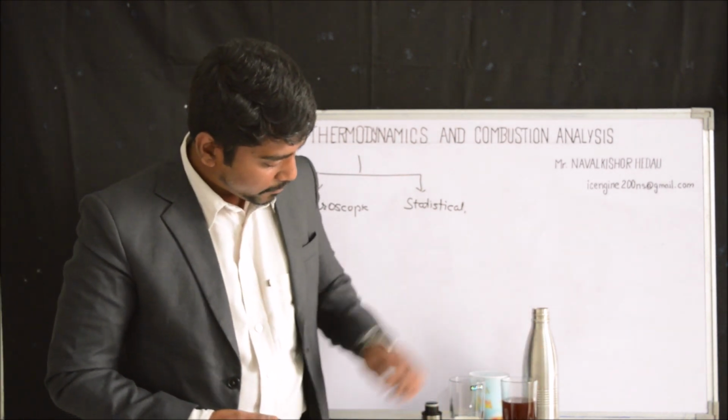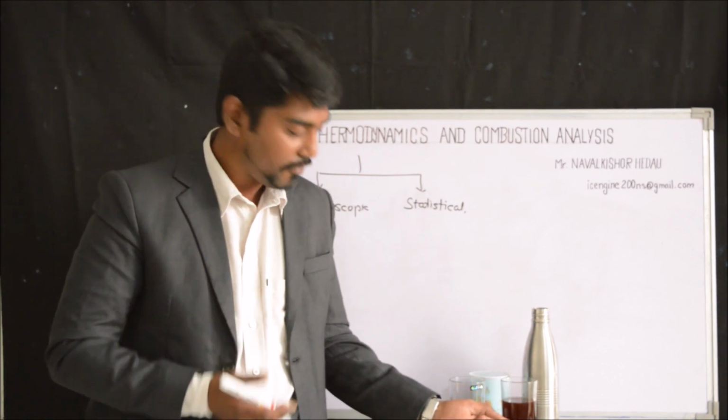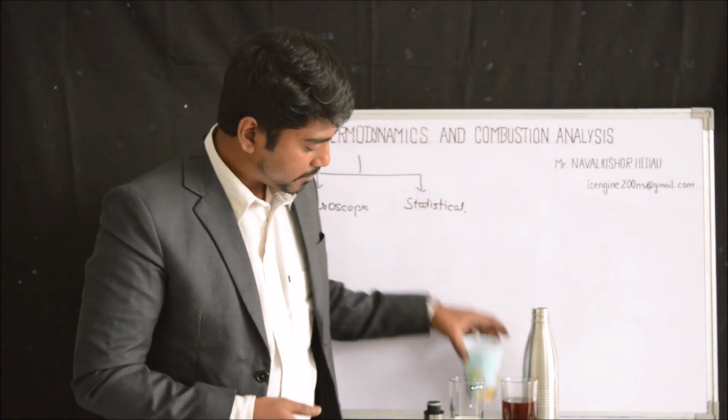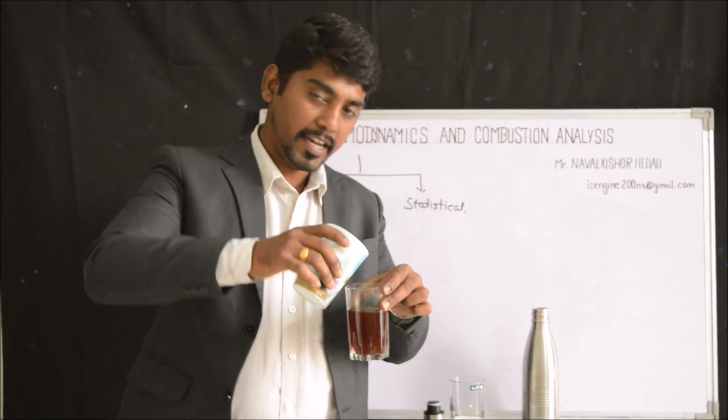Now in this, what we can see is that this contains certain internal energy in the form of heat, as well as this one. So when I try to mix the milk with the black tea, just have the concentration.